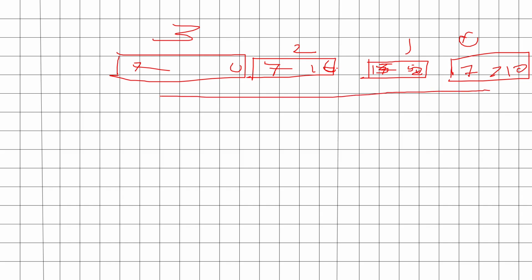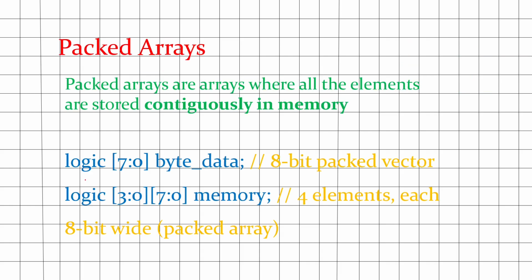It means memory locations will be continuous in a 2D packed array also. This is an example of our 1D packed array, and this is an example of our 2D packed array. So what is written here? An 8-bit packed vector, 4 elements, means 4 arrays, each an 8-bit wide packed array.